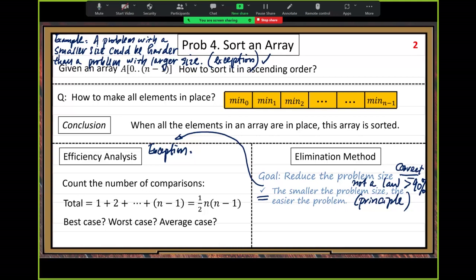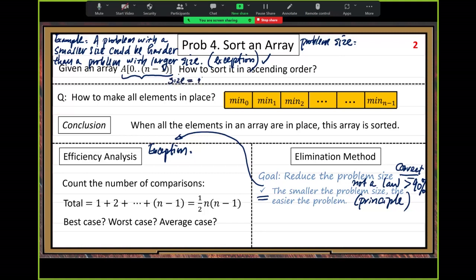First, I need to explain the concept of problem size. What is the problem size? At this point, we want to understand the concept of problem size. What do we mean by problem size? Our current understanding: look here, the given array, the problem size is n.